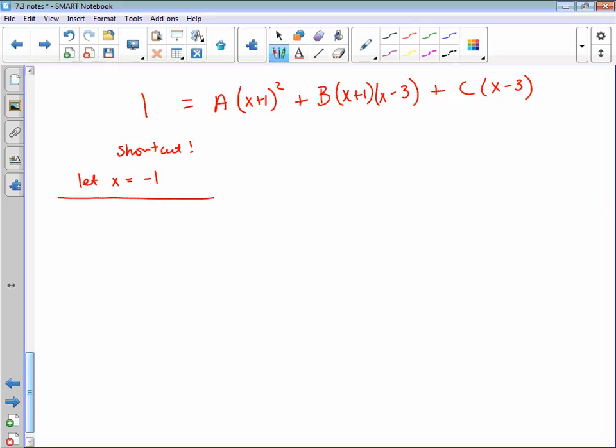I would have 1 equals, if I plug it in to the first little factor there, it's going to be A times 0, right? So that's gone. Okay. What about B? Is that also going to be times 0? Yeah. What about C? Negative 4C. You guys see it? Could I solve for C then? Okay. So negative 1/4 equals C.